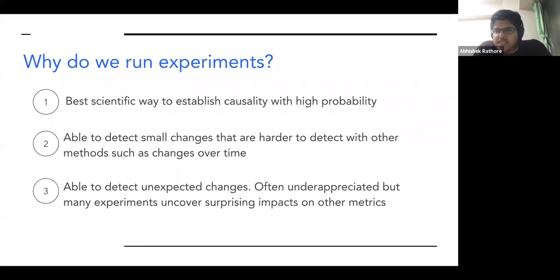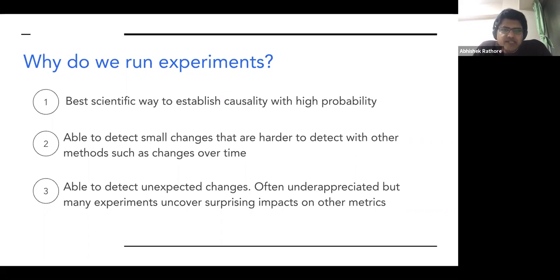There can be multiple other things that could have been happening at that point in time. So experimentation, running a scientifically valid experiment, is the only way through which you can establish causality with very high confidence and very high probability.